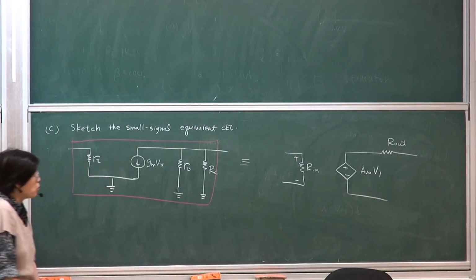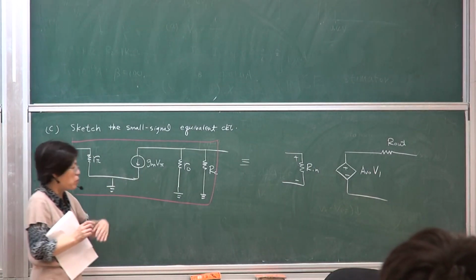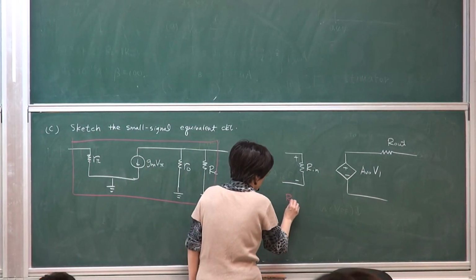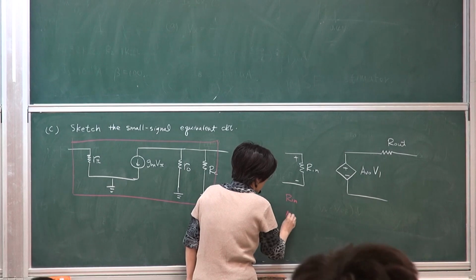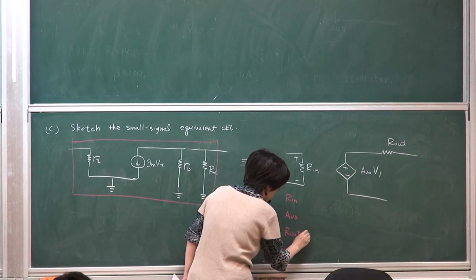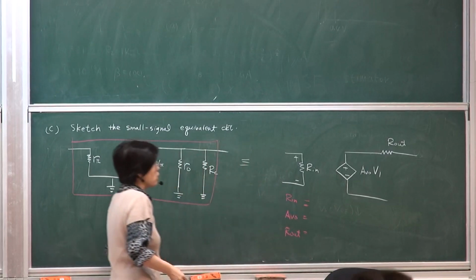So based on this model or this particular circuit, you have to be able to find the three important parameters, which are input resistance, open circuit voltage gain, and output resistance. These are the key features of amplifiers.